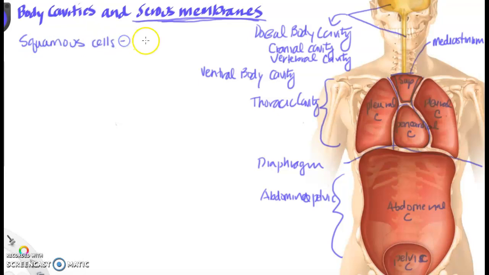So they're little small cells like this that come together, and they cover the organ and line the walls of the cavity. So there are two layers of the serous membranes, and they're two layers, but they are connected to one another.